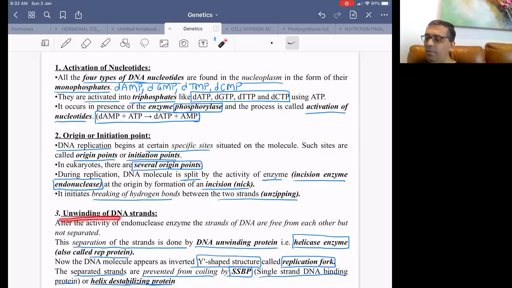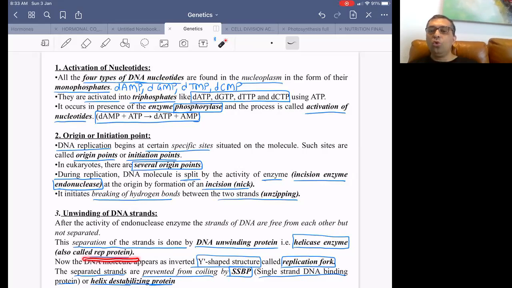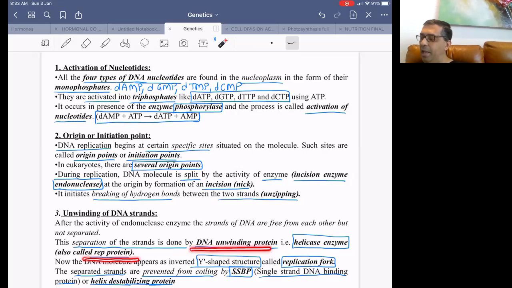Now unwinding of the DNA takes place after the activity of endonuclease. The two DNA strands are free from each other but not separated. The separation of the strands is done by a DNA unwinding protein called helicase enzyme, also called replication protein.